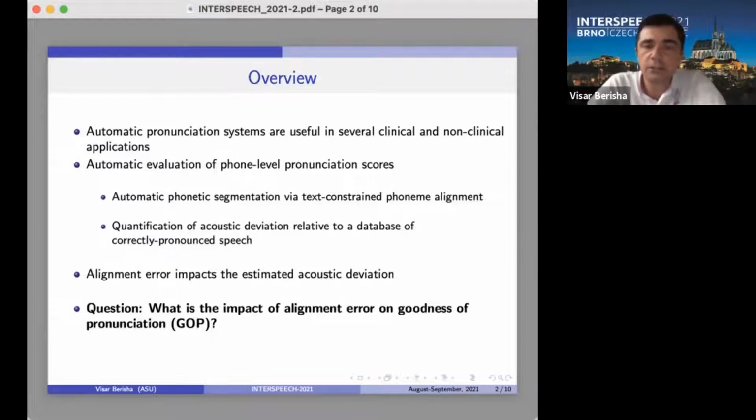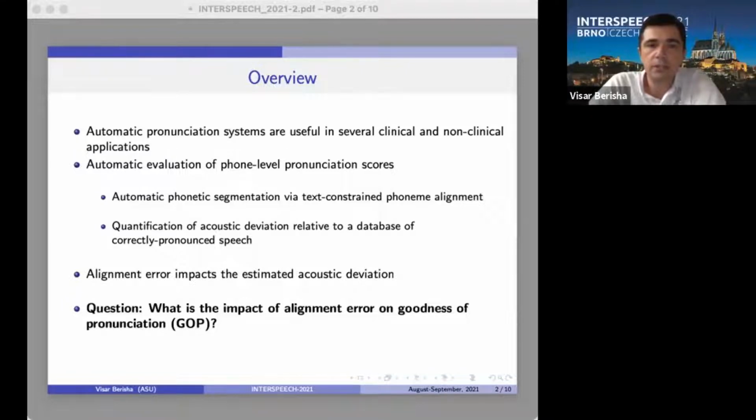This is obviously useful for several downstream, both clinical and non-clinical applications. For example, in second language learning applications, computerized automatic pronunciation training systems might use automated evaluation of pronunciation in an effort to improve pronunciation errors.